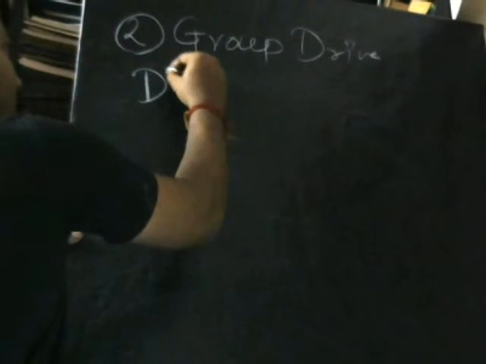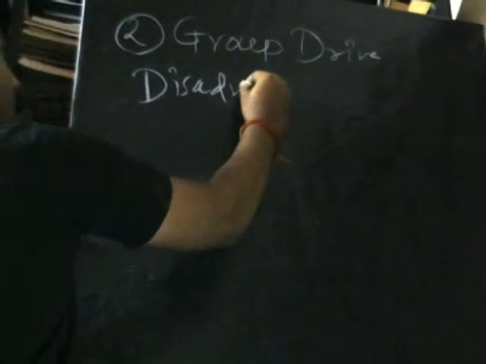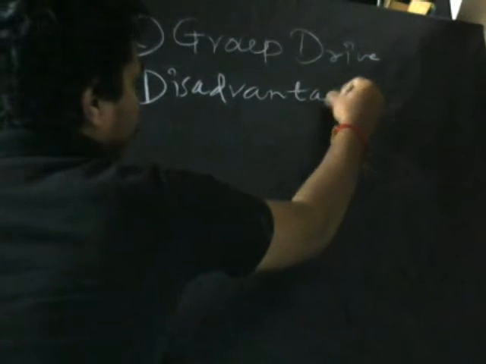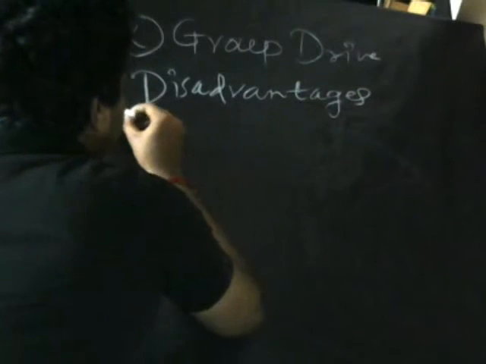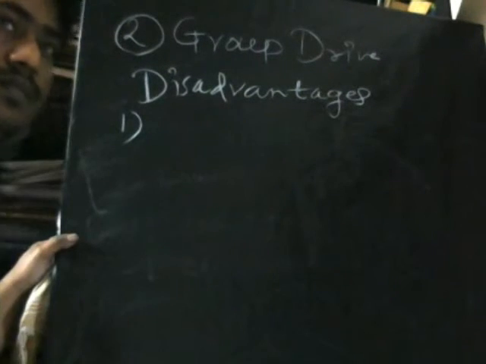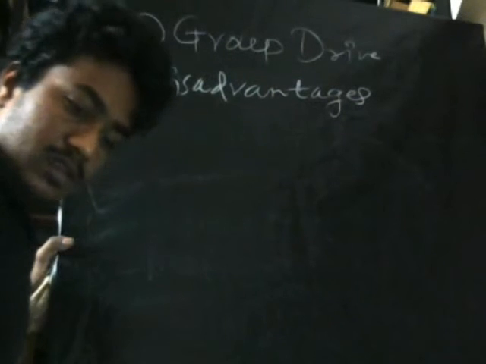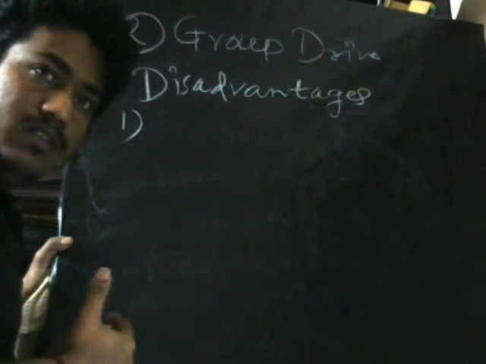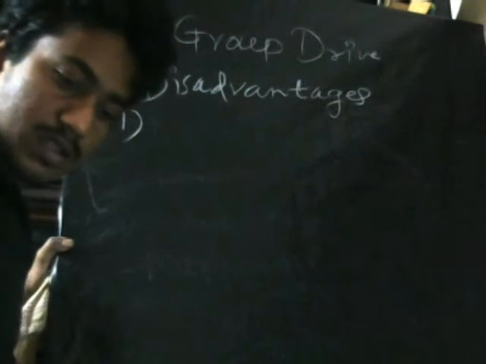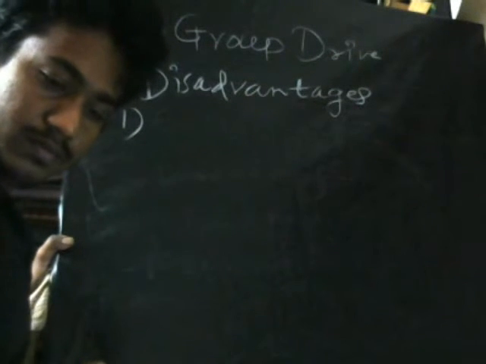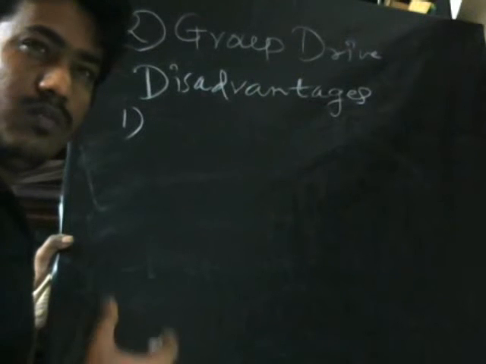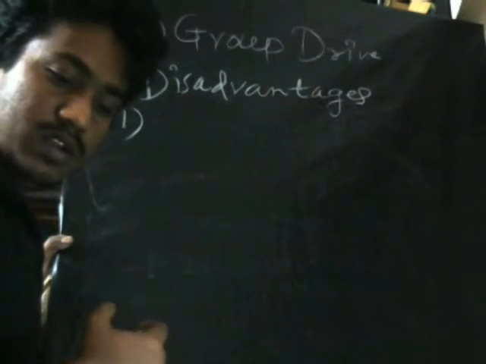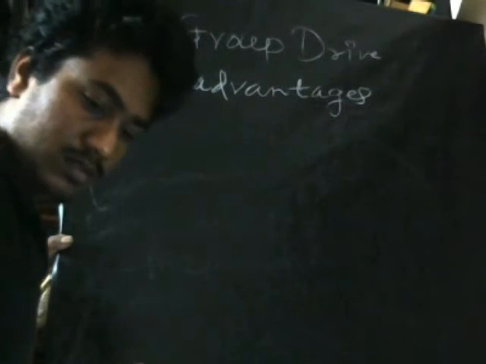I will write here disadvantage. So, first, sharp pulleys, belts. We have shaft, pulleys, and belt. These absorb greater power. So we need a lot of power, as I told you, but it reduces the efficiency.